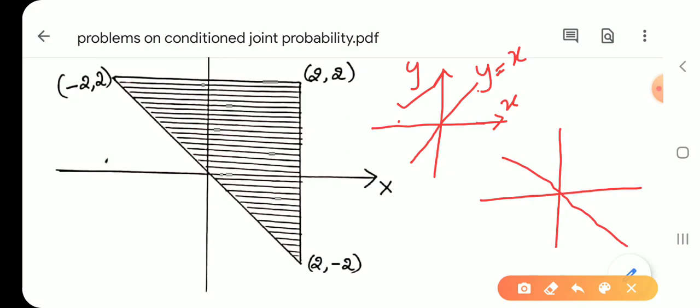When x is negative, y becomes positive. The equation of this line is y is equal to minus x. If you compare with the given figure, this line is very similar to that. So I can name this line as y is equal to minus x.